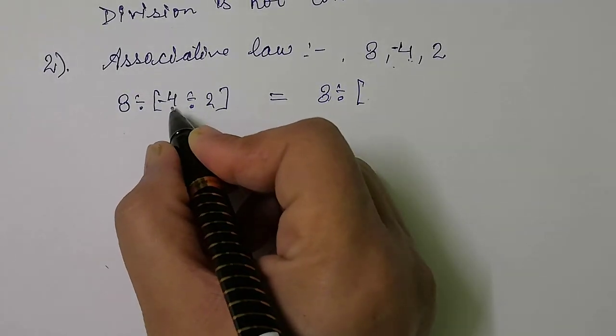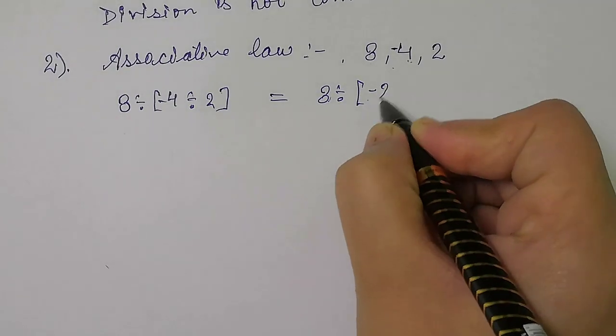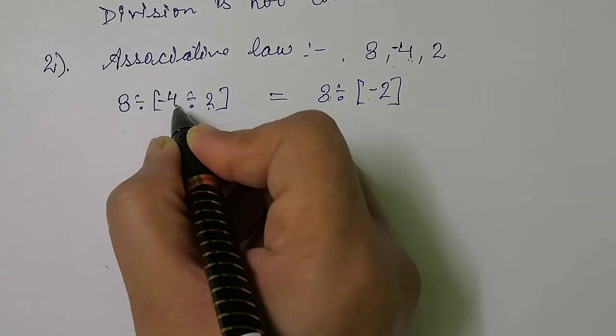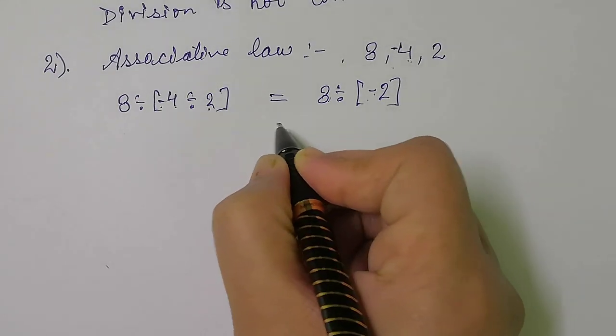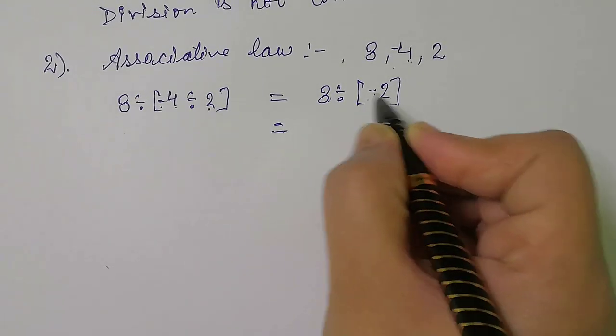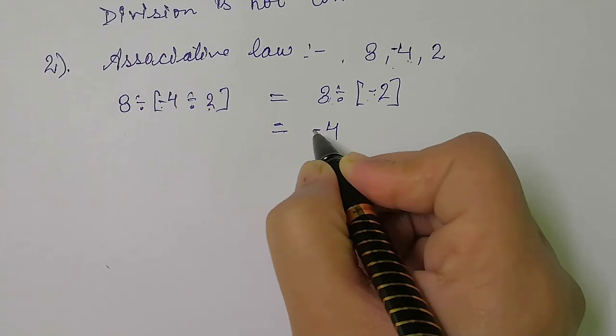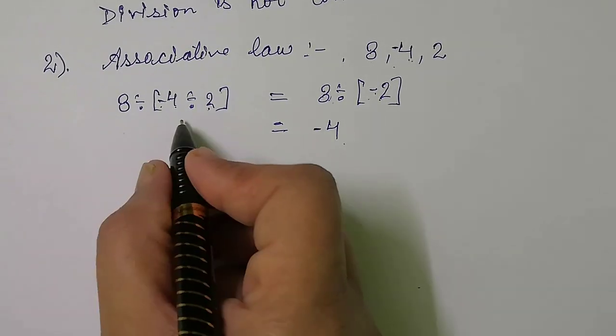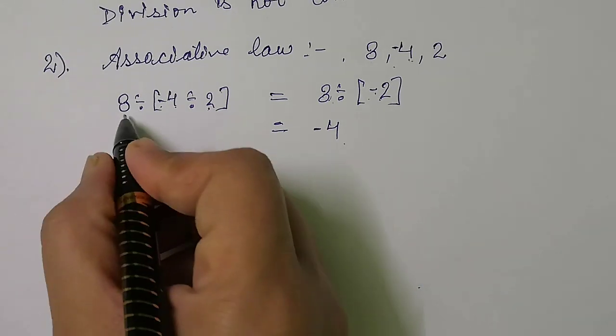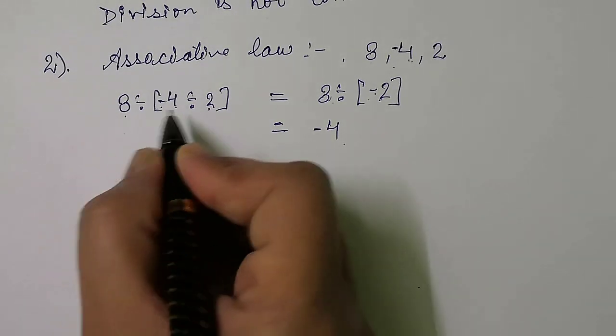When we divide minus 4 by 2, then we get minus 2, because 2 fours are 4, and minus will be minus here. And when we divide 8 by minus 2, then we get minus 4. Now just to change its order, we make a group of 8 and 4.